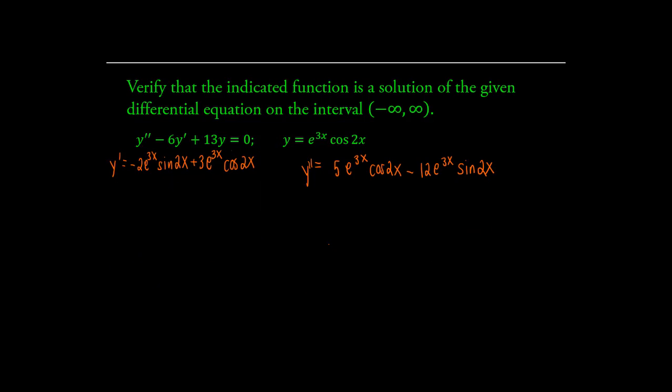After all of our simplifications, we have y prime equals negative 2e to the 3x sine 2x plus 3e to the 3x cosine 2x. And we have y double prime, or the second derivative of y, as y double prime equals 5e to the 3x cosine 2x minus 12e to the 3x sine 2x.